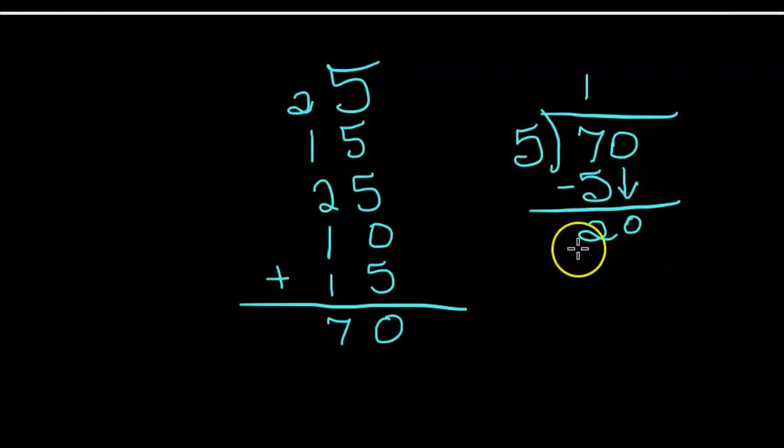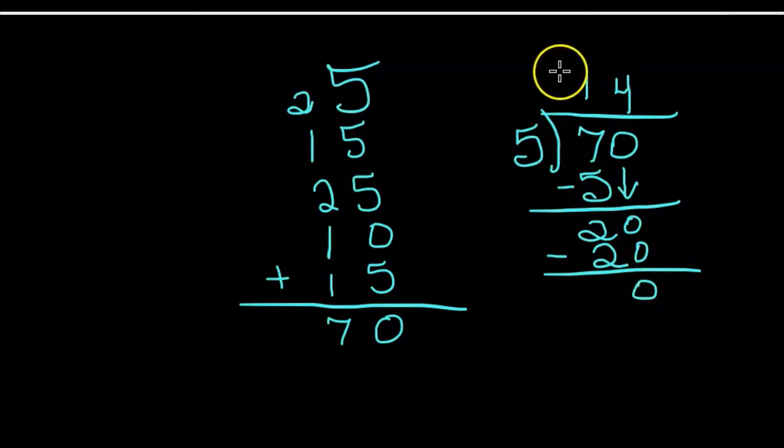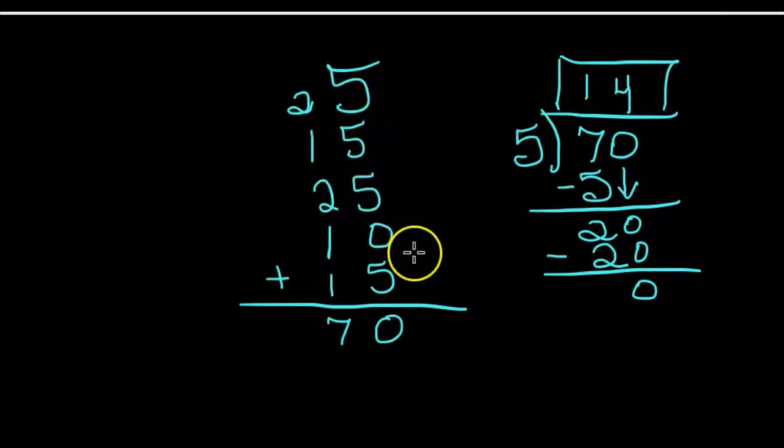How many times will 5 go into 20? 4 times. 4 times 5 is 20. Subtract, no remainder. So here, the average of 5, 15, 25, 10, and 15 would be 14.